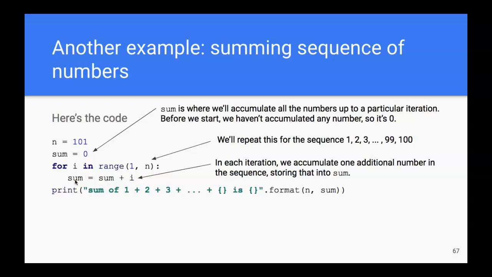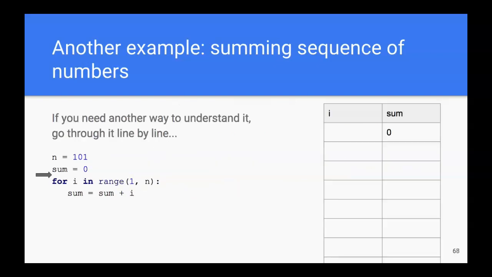Now, if this is still unclear to you, I have something else that might help. And that is going back to our loop unrolling that I talked about earlier. We can unroll the loop. Well, we unrolled it in a sense, but we are not going to really write out all the code.